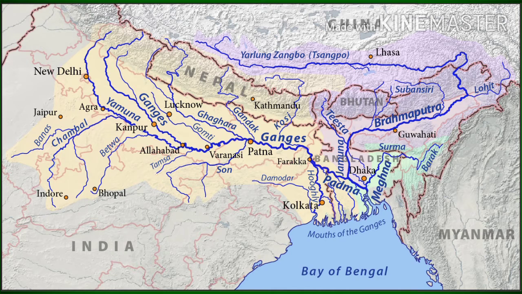In Bihar it is 445 km and in West Bengal it is 520 km. The Ganga basin covers about 8.6 lakh square kilometer area in India alone. The river finally discharges into the Bay of Bengal near Sagar Island.